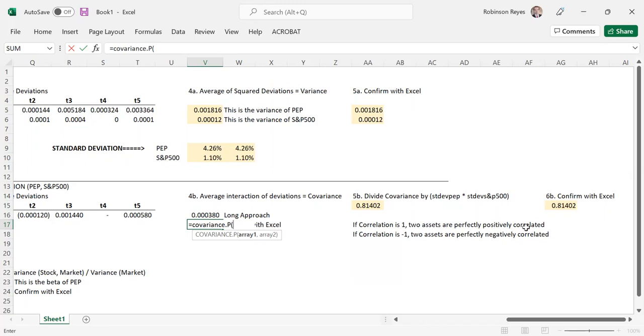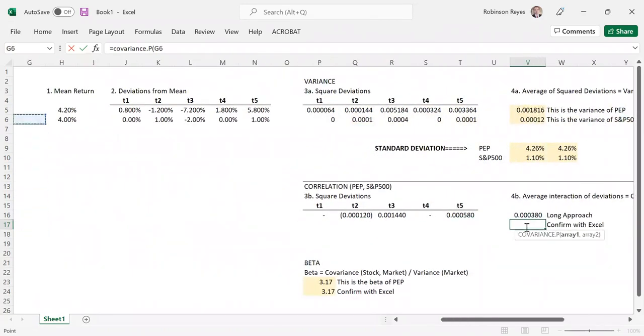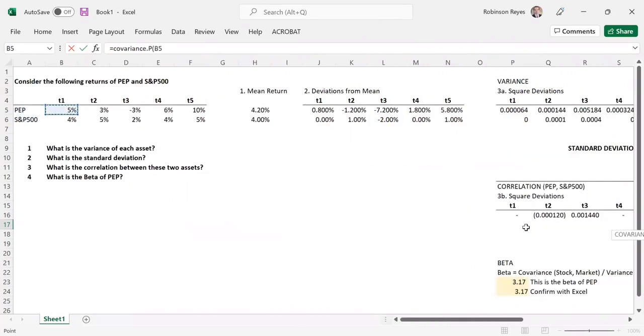But covariance.p, let me go back to this. We can confirm this just by using this covariance, and then we select this, comma, and then we select the returns from S&P 500.